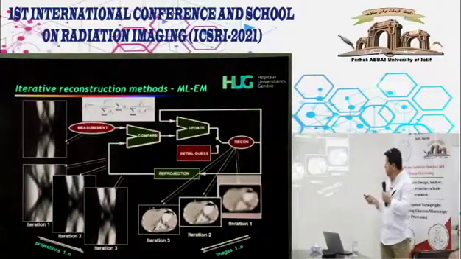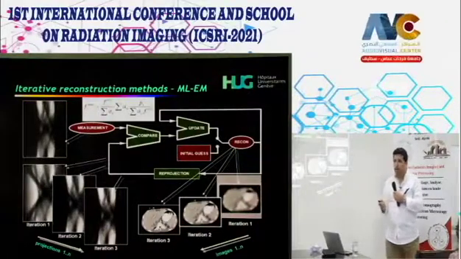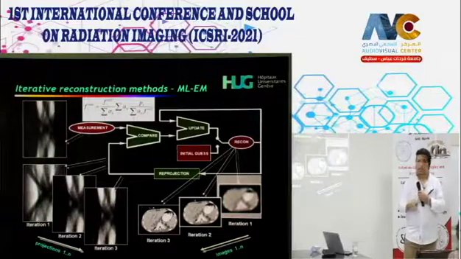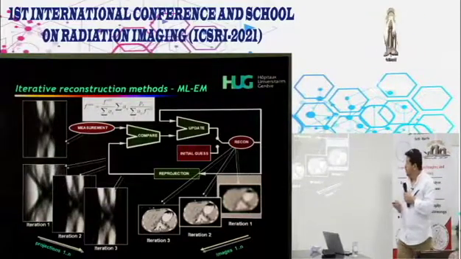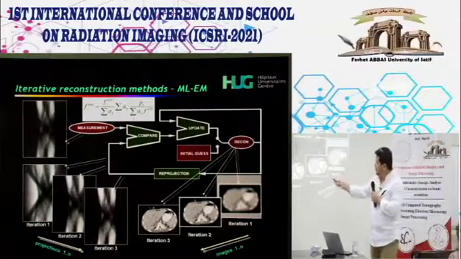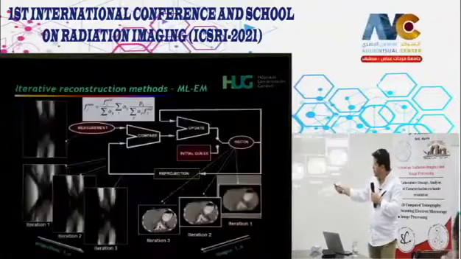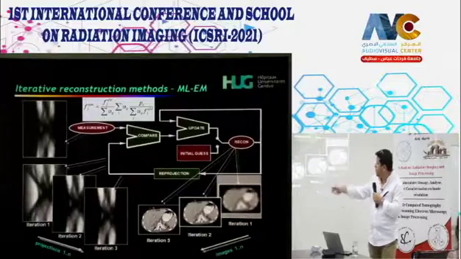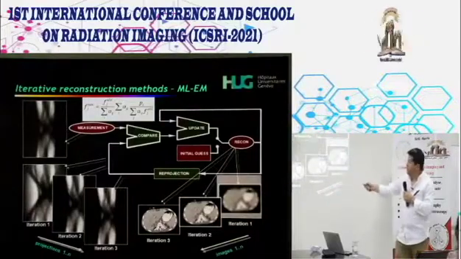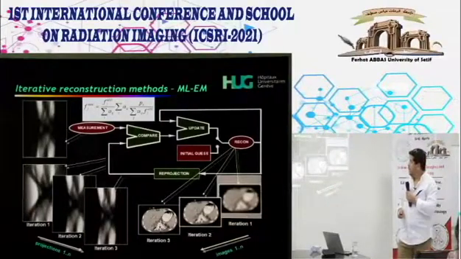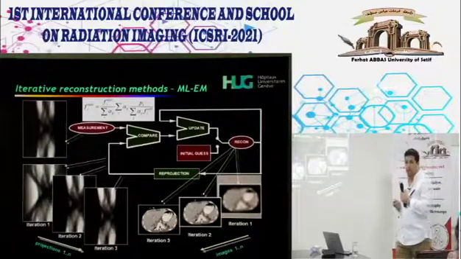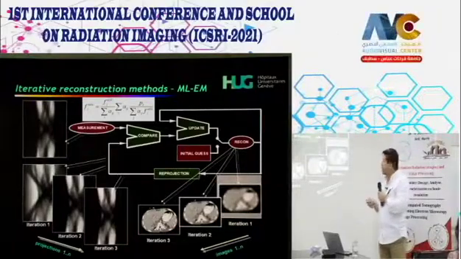So let me spend a couple of minutes on statistical reconstruction, which was not described, I think, in the previous talk. This is what the scanner gives you, right? It gives you these measured projections. And then we have the maximum likelihood expectation maximization algorithm and its variant, the ordered subsets expectation maximization.